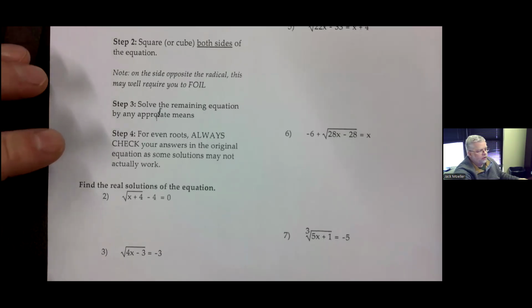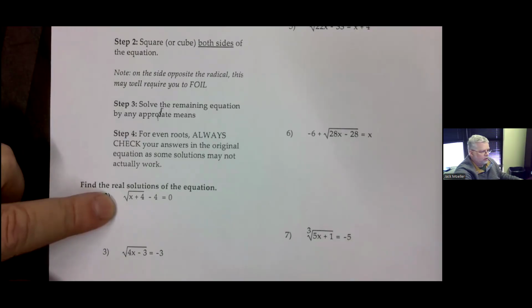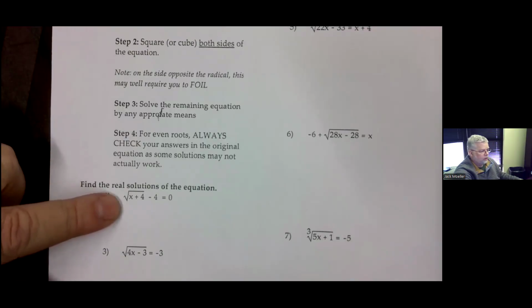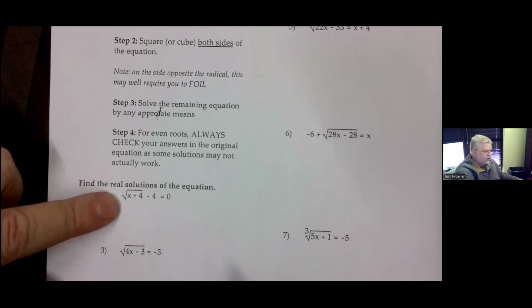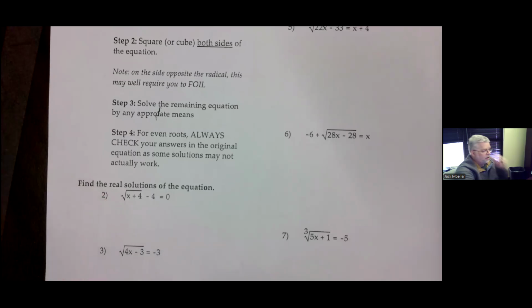So the one extra step that we haven't done so far is you always have to check your answers when you're starting with a radical equation, particularly with square roots. The reason is that sometimes we get what's called extraneous answers: the algebra leads us to a number, but if you plug it back in, it's not going to work. That happens because when you're squaring both sides, you are introducing potential for false answers.